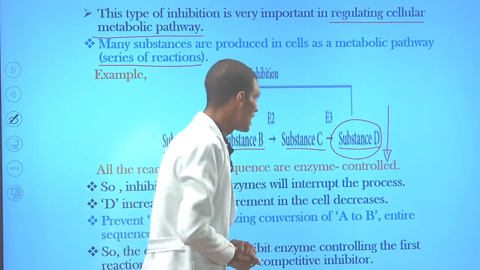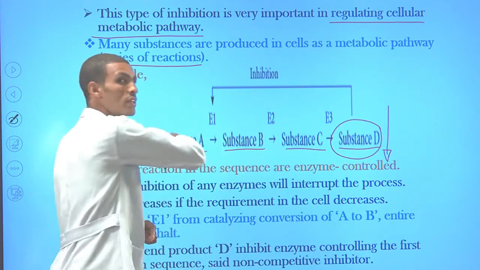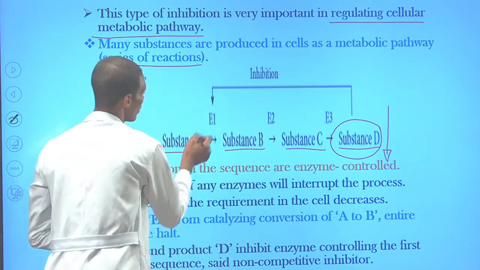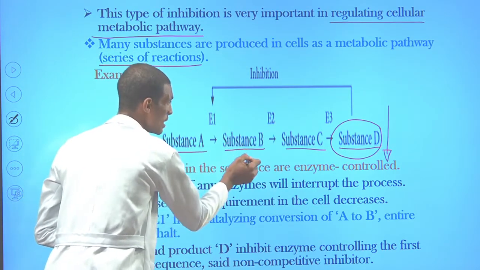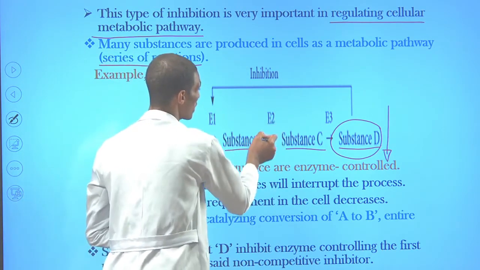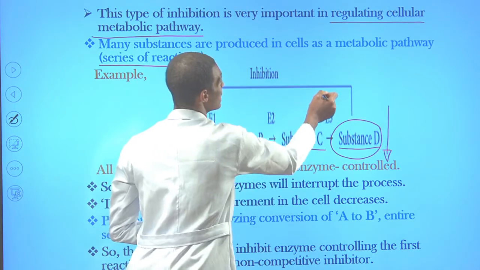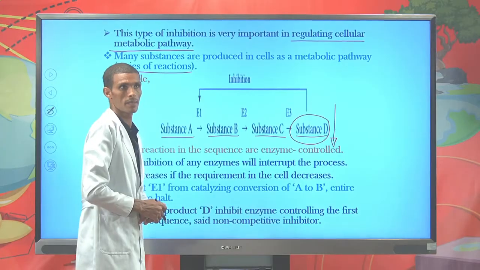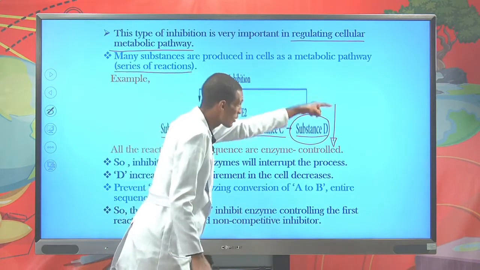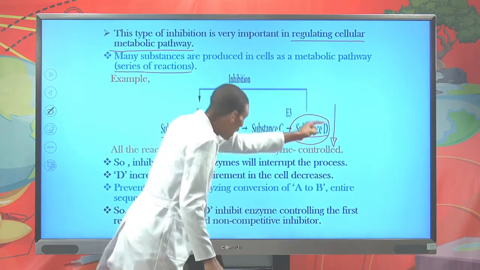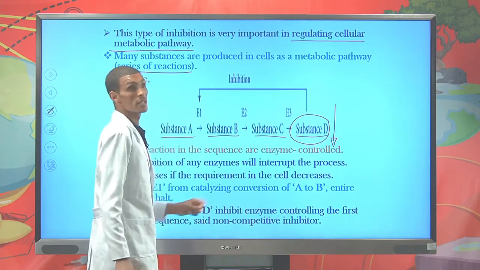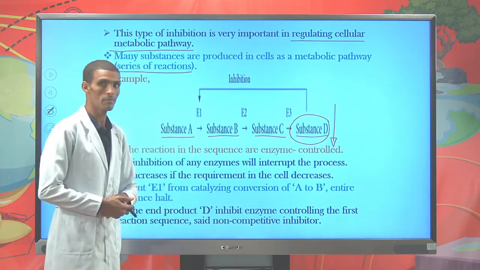This indicates that it is going to activate, or turn on, enzyme 1 to convert A to B, enzyme 2 to convert B to C, and enzyme 3 to convert to substance D. The reduction of D in the cell allows enzyme 1 to process the reaction. This one is the on system.